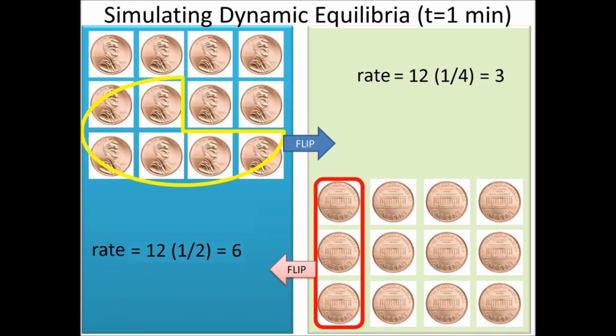So we see that 6 pennies need to flip from heads up to tails up. We do the same thing with the pennies on the right-hand side. Those are the tails up pennies, or the pennies in state B. We take those 12 pennies times the rate constant of the reverse reaction, that's 1/4 or 0.25, and we see that 3 pennies need to flip from tails up back to heads up and move over to state A.